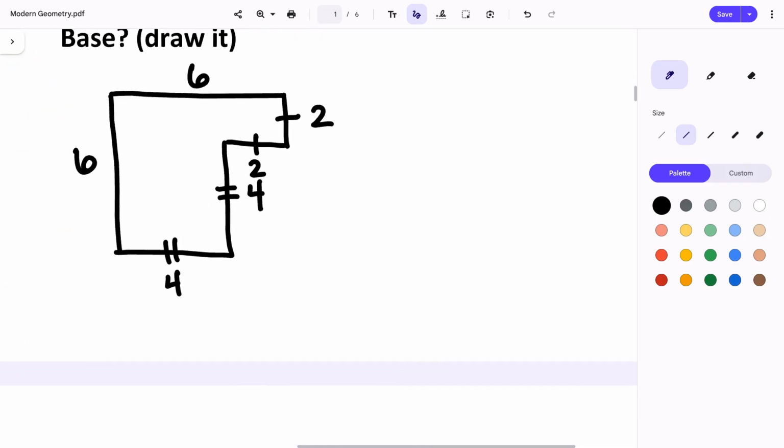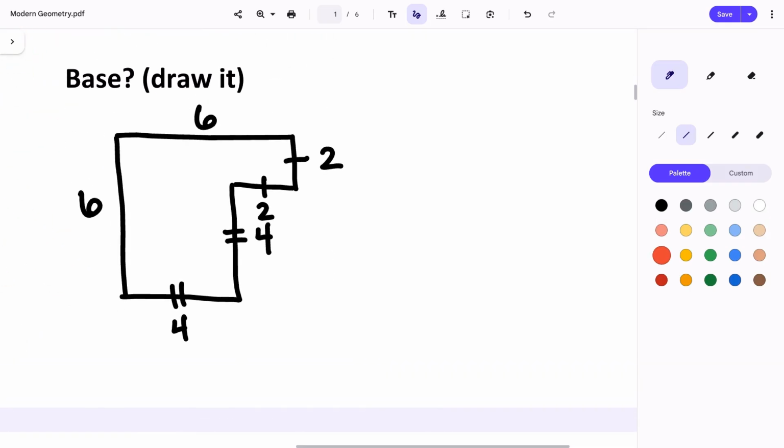All right, let's isolate just our base here. How would you cut this up so that it's easier for you to work with? Make like a 2 and 2, a little box. Okay, like that. So that little 2 by 2, that's a square now. And then this other shape is still a rectangle. We can find the area of those individually. How would we find the area of the rectangle?